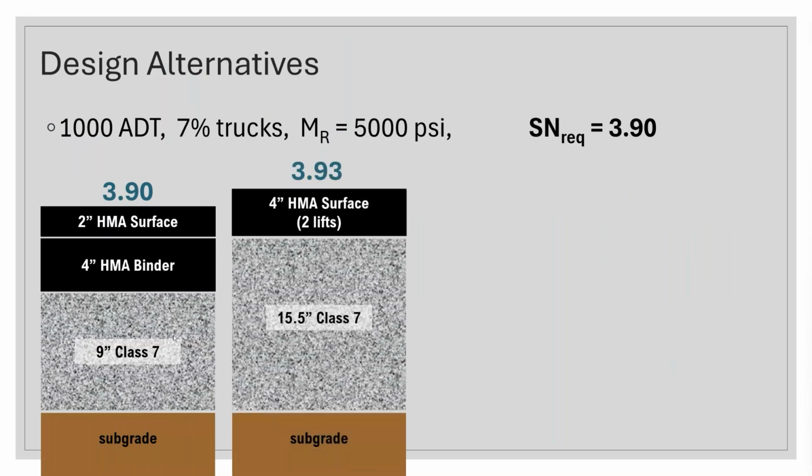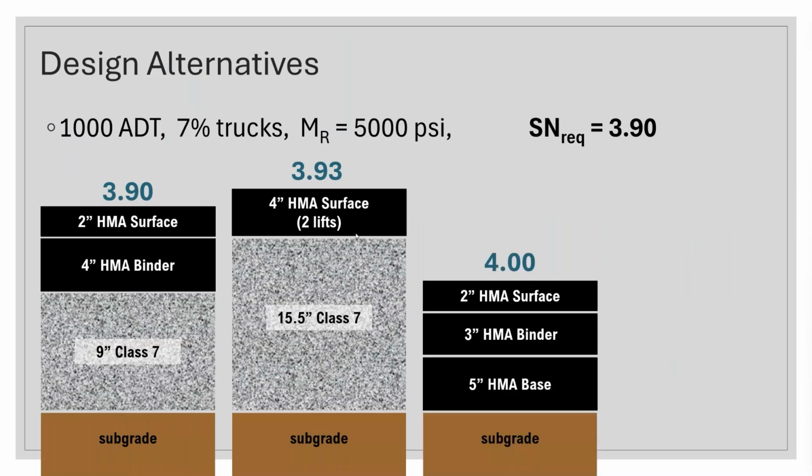Or I could do more of the class 7 base, less of the asphalt. That would give me a 3.93. That also works. Or I could go full depth asphalt and have base, binder, and surface mixes of asphalt and get 4.0. All of those would work.